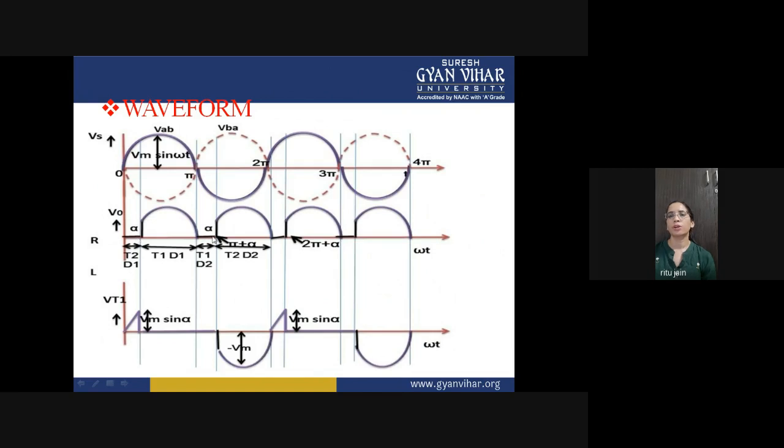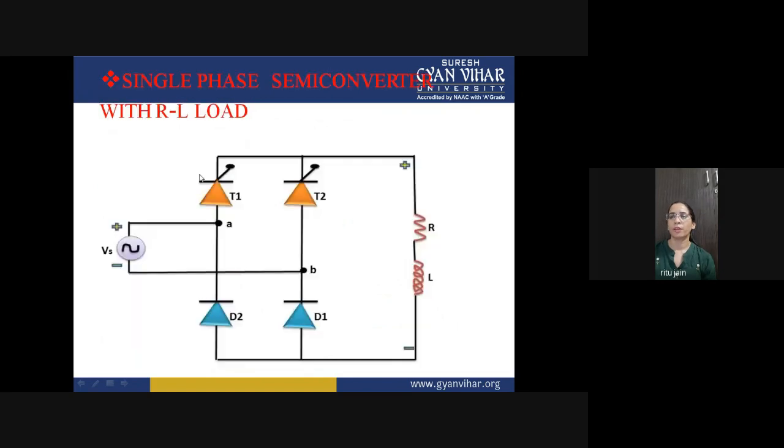Let's talk about the next waveform. Suppose the negative half cycle, which is from pi to 2 pi.